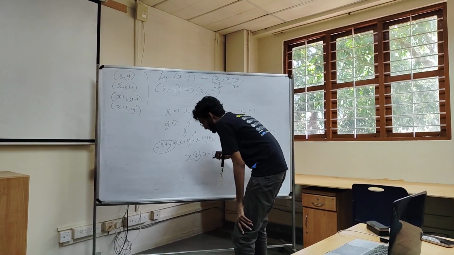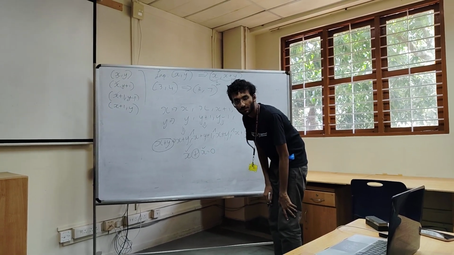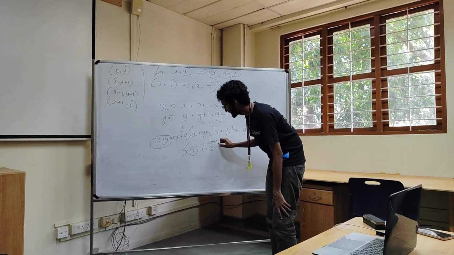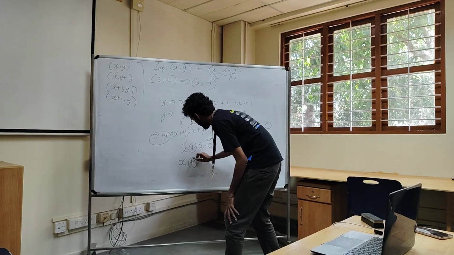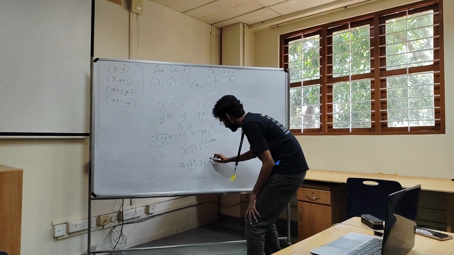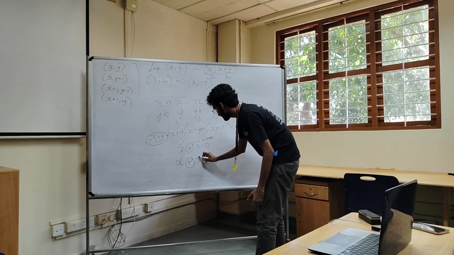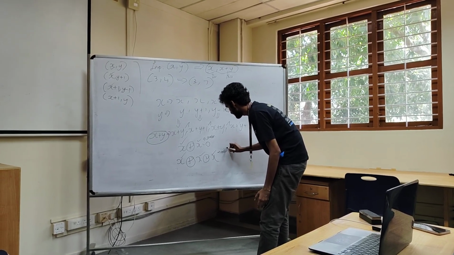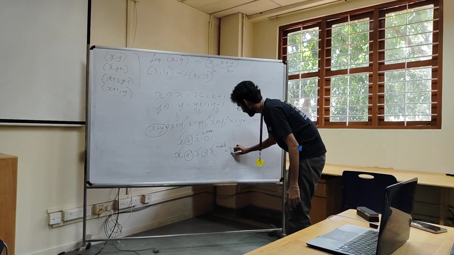There are 2 x's over here, that is even. Similarly, if I extend this property to x XOR x XOR x, there are odd x's, so the answer is x.